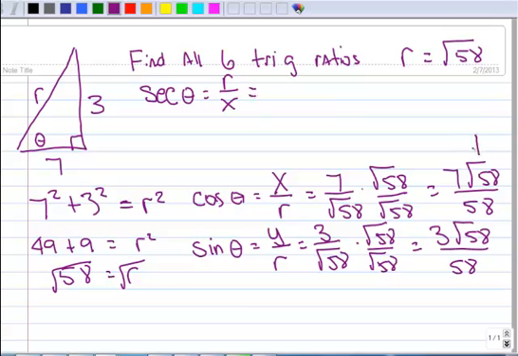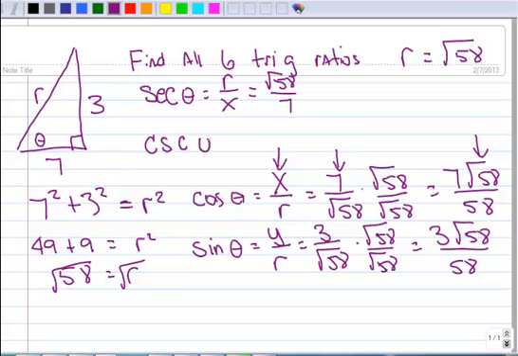So what I don't want to do is take the cosine and then turn that upside down and have to rationalize the denominator again. I either want to start right here fresh from these original x and r, or start from this point and then flip it upside down. So your r is square root of 58 and your x is 7, and no rationalizing necessary.